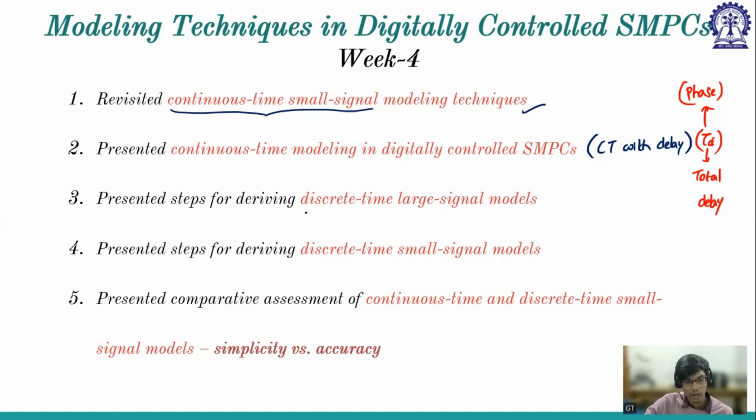And then we discussed the discrete time large signal models. So what is a large signal model? And then from there, we put up the large signal model, and we got the small signal models. And then we did a comparative assessment of continuous time, continuous time with delay, as well as discrete time models.